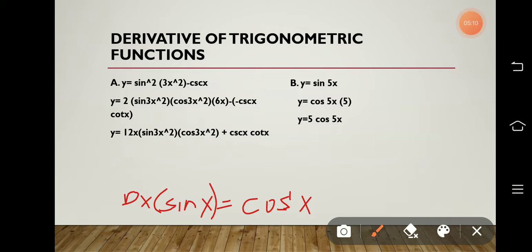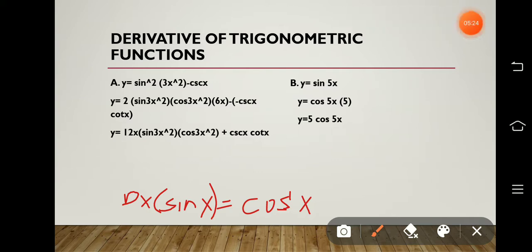So y prime equals 12x times sine 3x squared multiplied by cosine 3x squared plus cosecant x cotangent x.